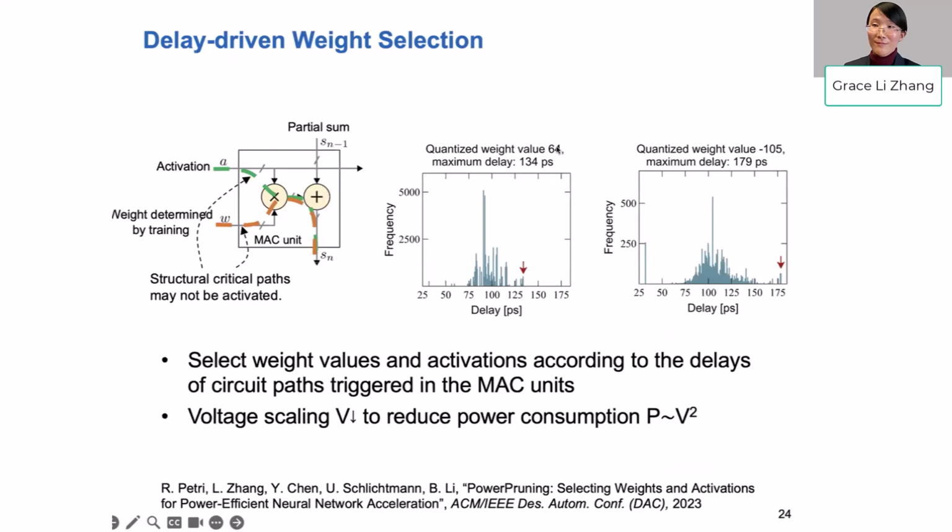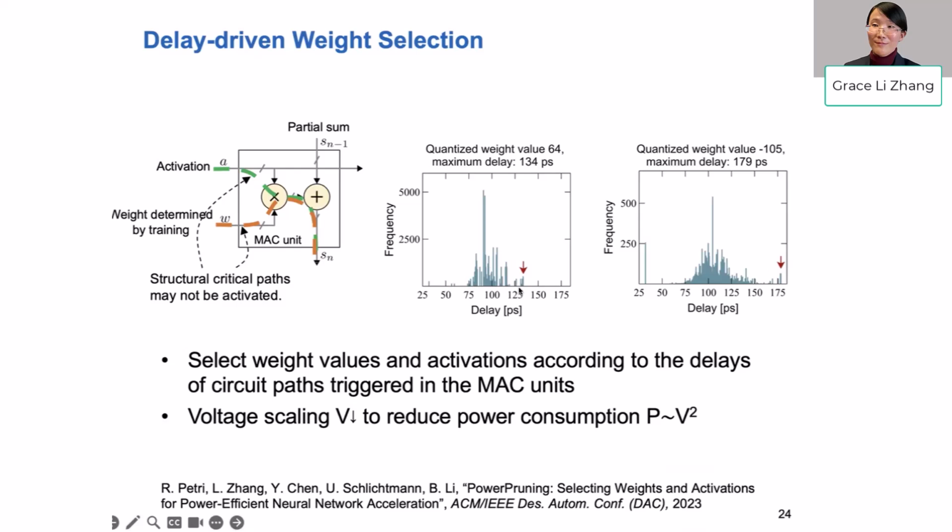For two different weight values, 64 and negative 104, with different activation transitions we have different delay distributions. For different weight values, the worst-case delays are quite different, which means the timing performance of different quantized weight values is different.